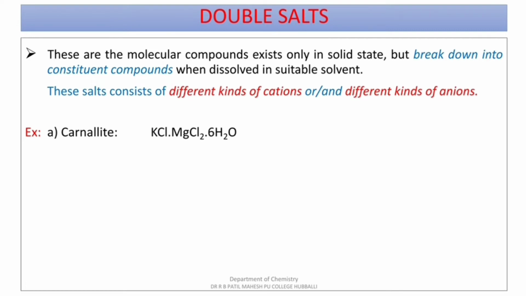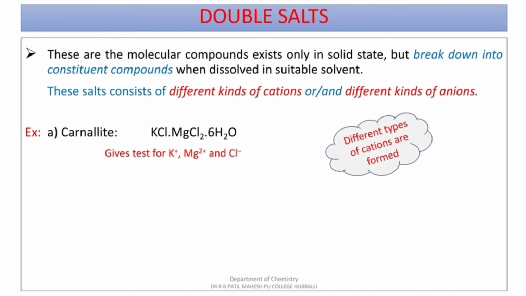Example, carnallite KCl.MgCl2.6H2O. When it undergoes complete ionization with excess of water, it forms K+ ions, Mg2+ ions and Cl- ions. That is, there is a formation of two different cations.